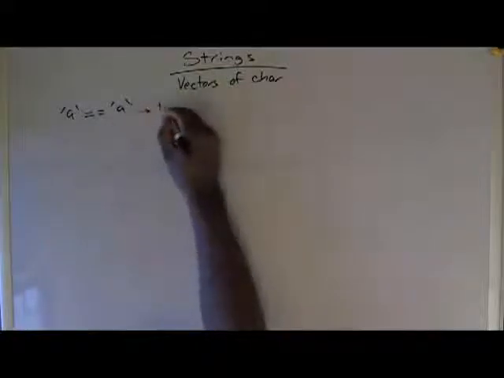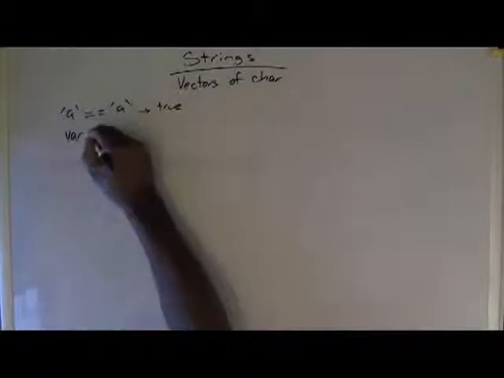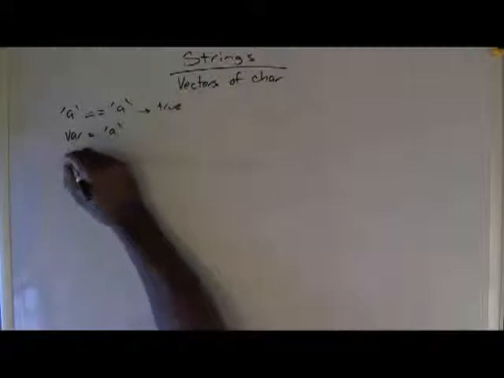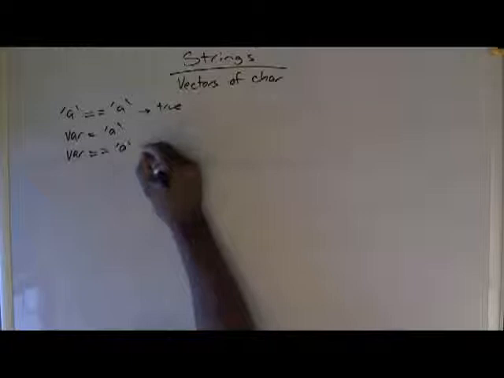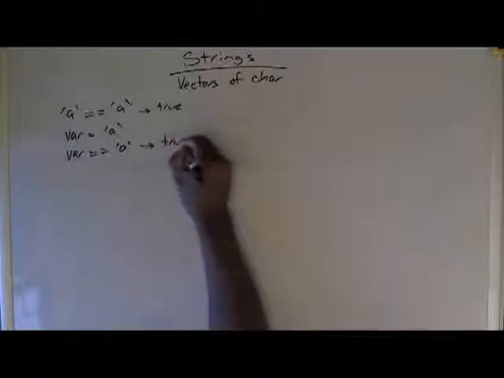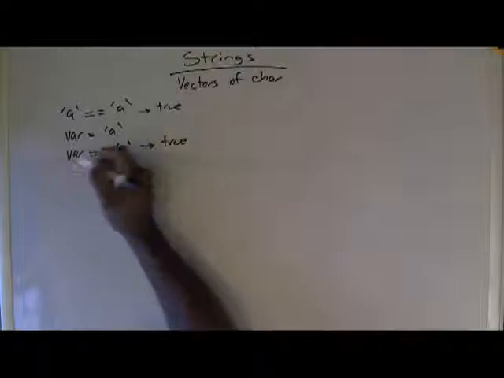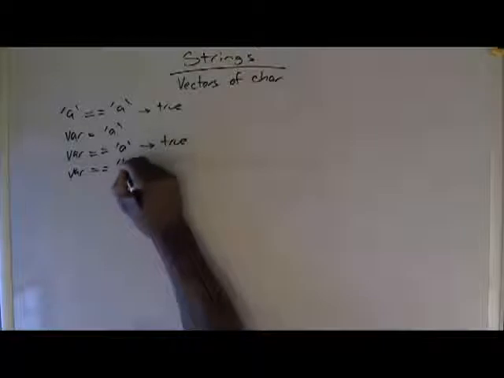to return true. Okay. If I created some variable equals A, and then I said, does that variable equal A? And we have actually seen this before. That's going to give me true as well. As opposed to if I said, well, instead, does that variable equal B?